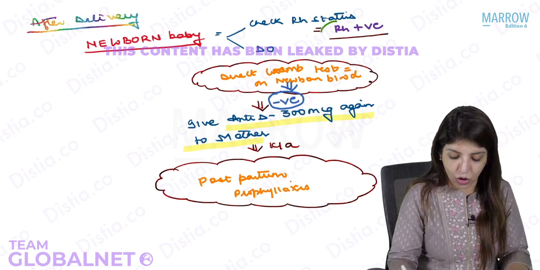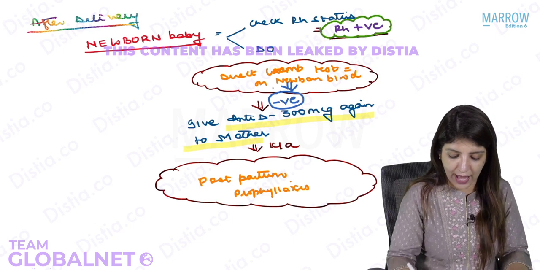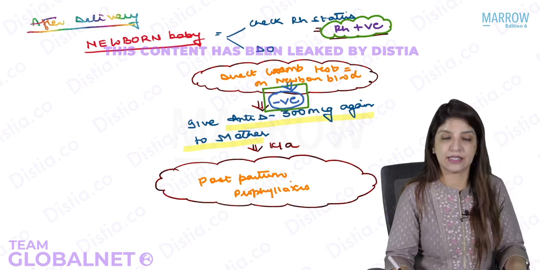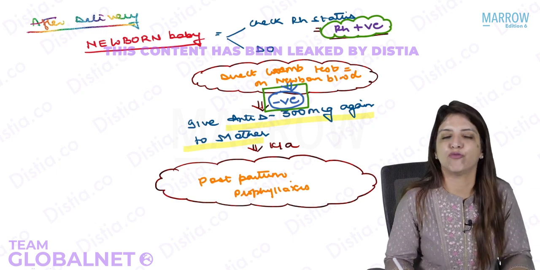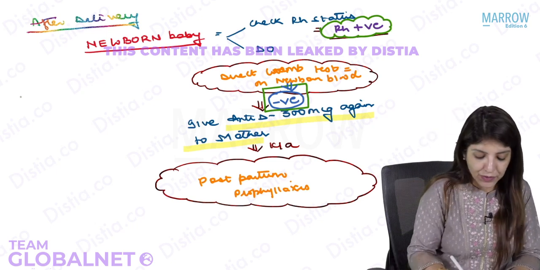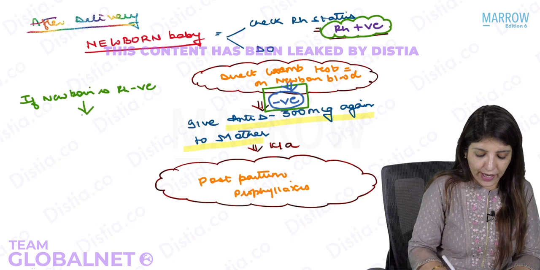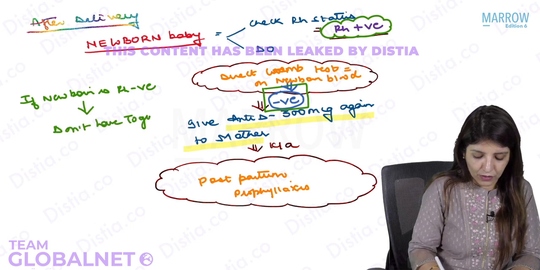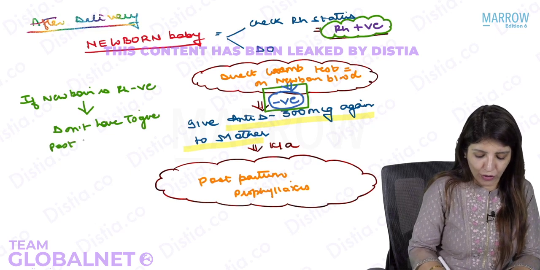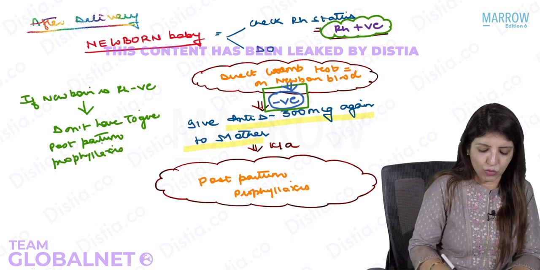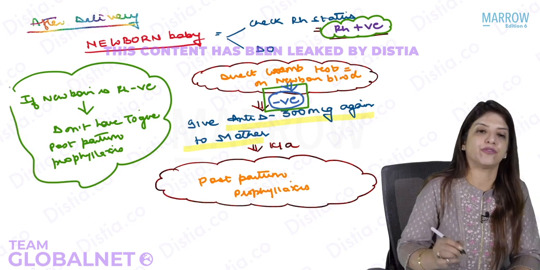Only if the newborn is Rh positive and the direct Coombs test is negative, then you have to give postpartum prophylaxis. If the newborn is Rh negative, then you don't have to give postpartum prophylaxis. So there is no need to give postpartum prophylaxis if the newborn is Rh negative.